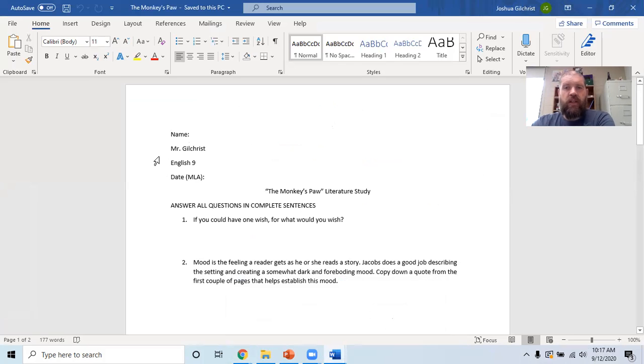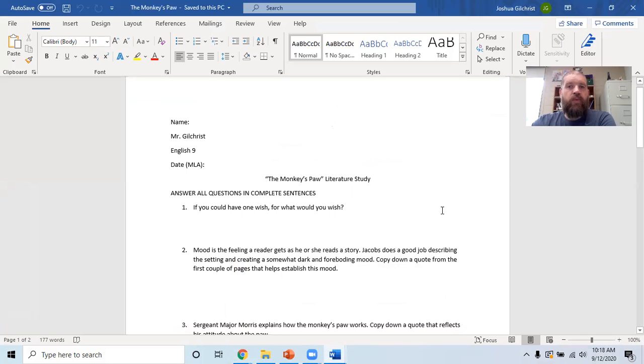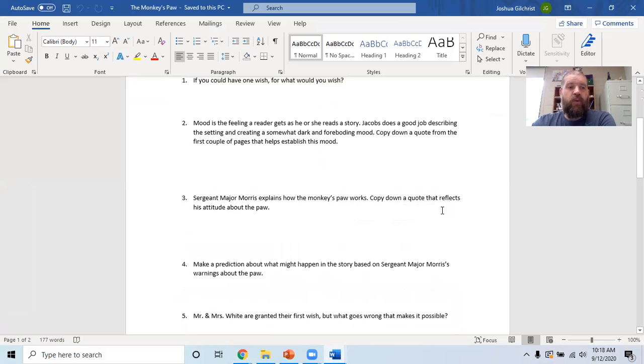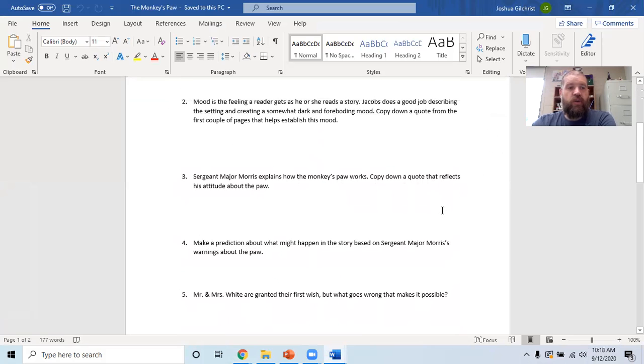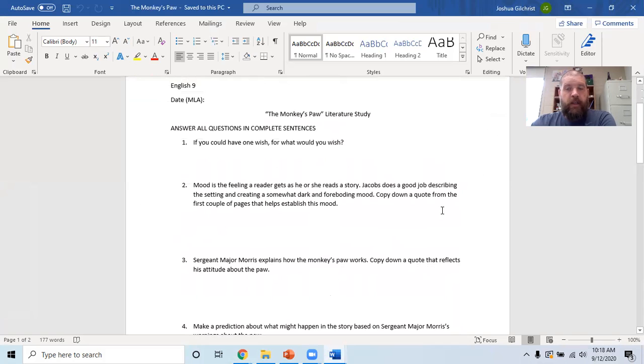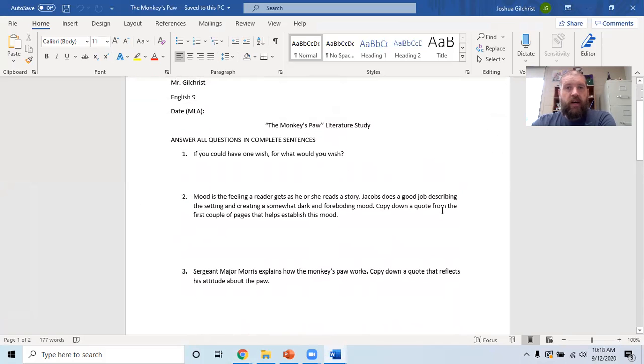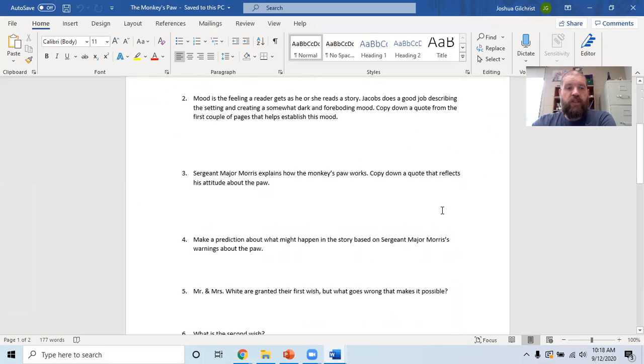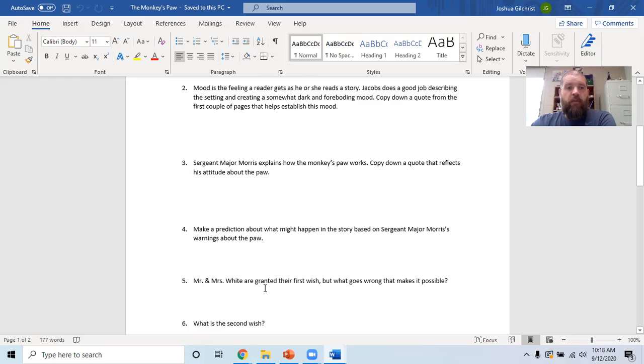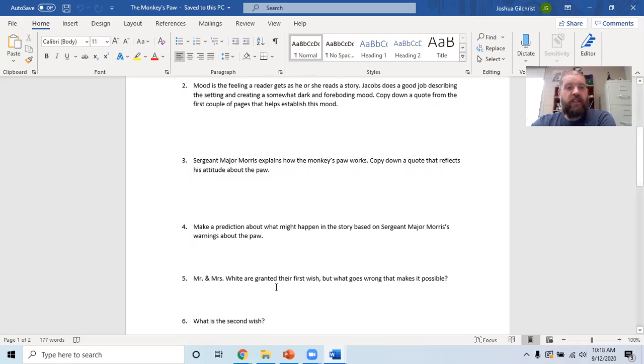I'm going to try to just send a link to you guys for the story so that you can read it. It's a story about 3 wishes, and this is not due next class. What I would like you to do is to try to do questions 1 through 5, and you're going to read up to the part where Mr. White finds out, and Mrs. White finds out, that their first wish is granted, but with a catch and a cost, and he passes out.